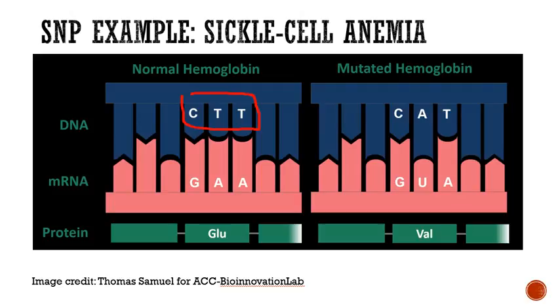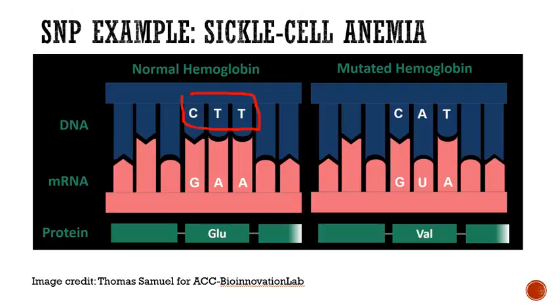So the gene involved in sickle cell anemia is actually the HBB gene, which stands for hemoglobin subunit beta. This gene is found on chromosome 11, and it's actually 1,600 base pairs long. So we're looking at three little pieces here, but this is just a small piece of the really large gene.